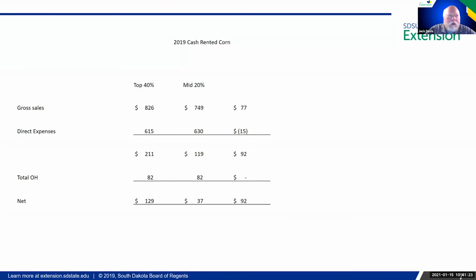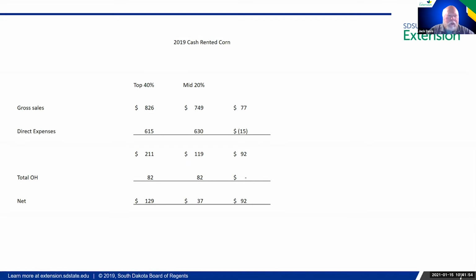And then those are broken down into quintiles. So I picked the top 40% and then the mid 20% on 2019 cash rented corn. What I'm pointing out here is that we had a $92 an acre difference between the top level, the upper 40%, and the 40 to 60% as far as net income.